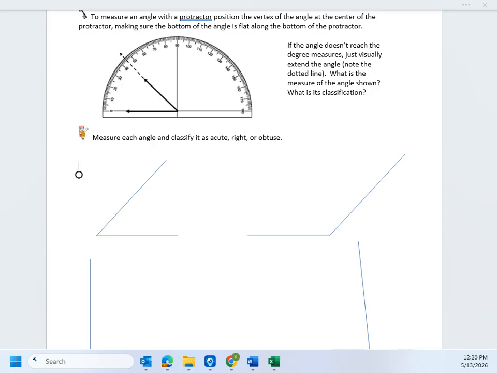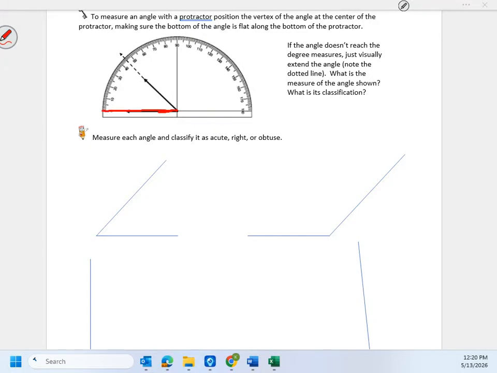Now, when you look at that, you can see where that angle is going to. That bottom line, you're going to continue it until you hit the 0. So on this one, on your page, that bottom line goes to the 0.